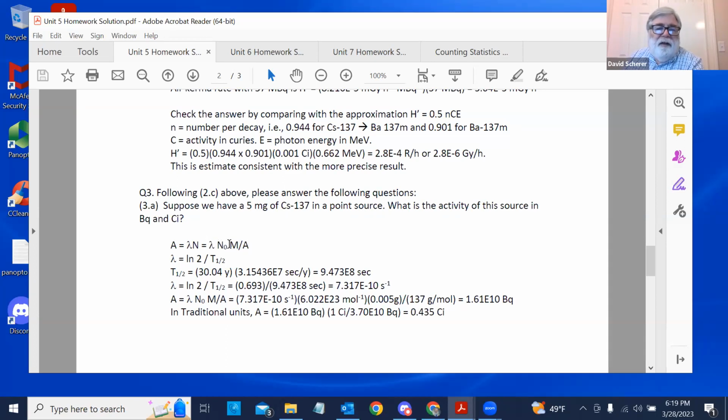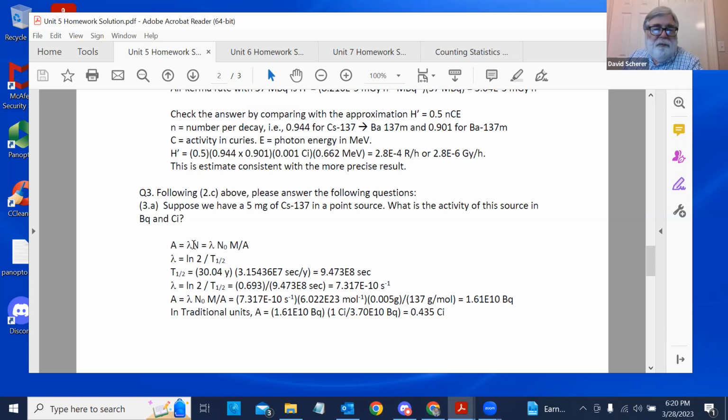It's the activity times Avogadro's number divided by the molecular weight, and then multiply that by the mass. The activity times Avogadro's number divided by the molecular weight is the activity per gram. So multiply by the mass in grams, and you get your answer. I think many people understood it. This is something we did back when we were doing a review of radioactivity.